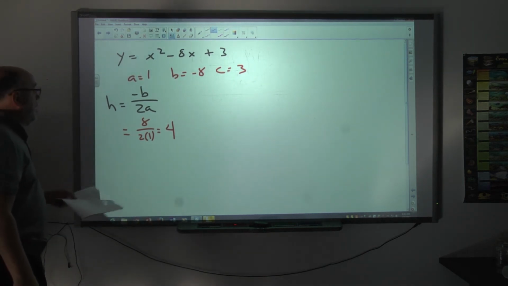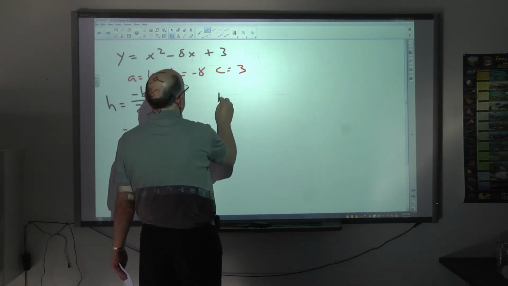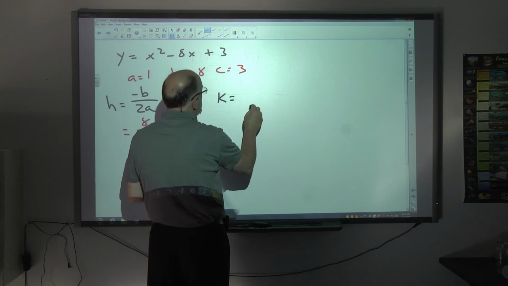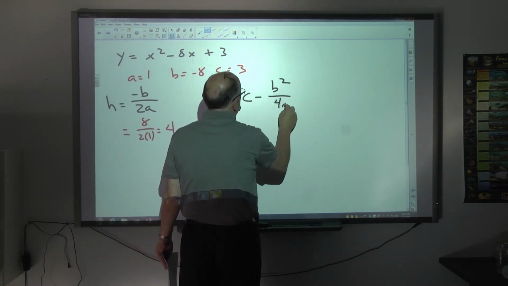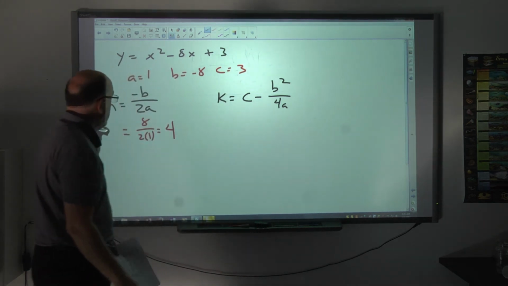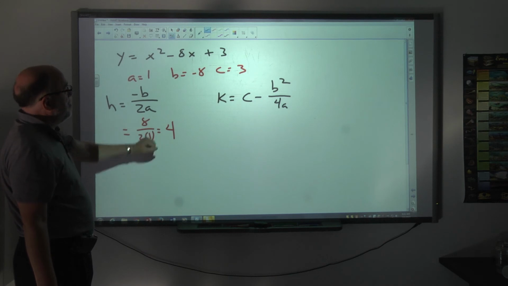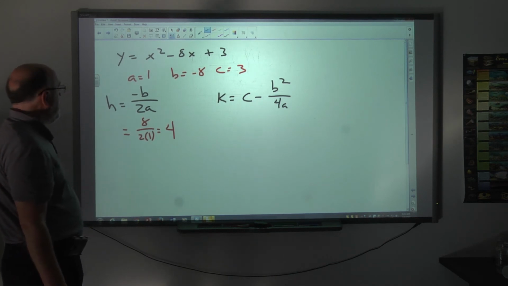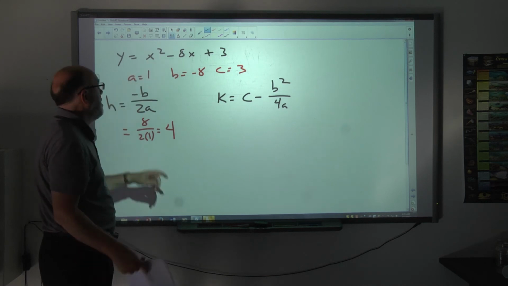And then my k value, which we said can be done by doing c minus b squared over 4a. Right? But in this case, this came out to be a nice whole number, and so it may actually be just as easy. You can just take this number and plug it in here.